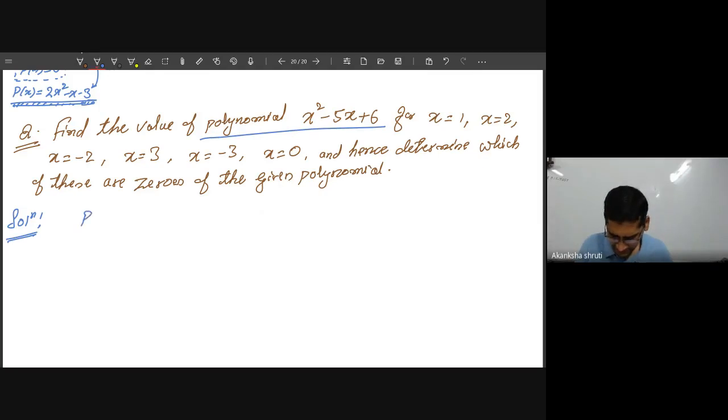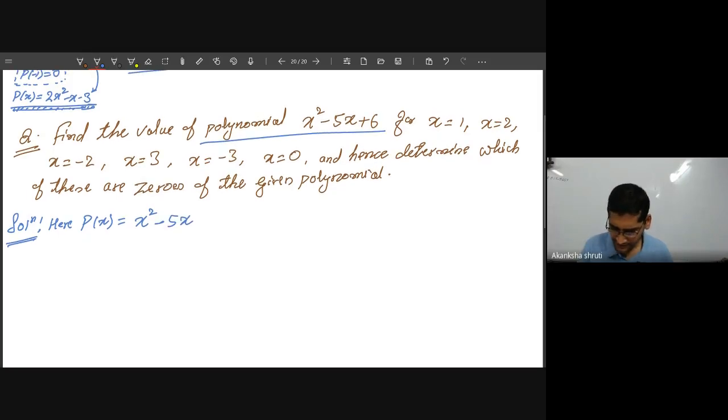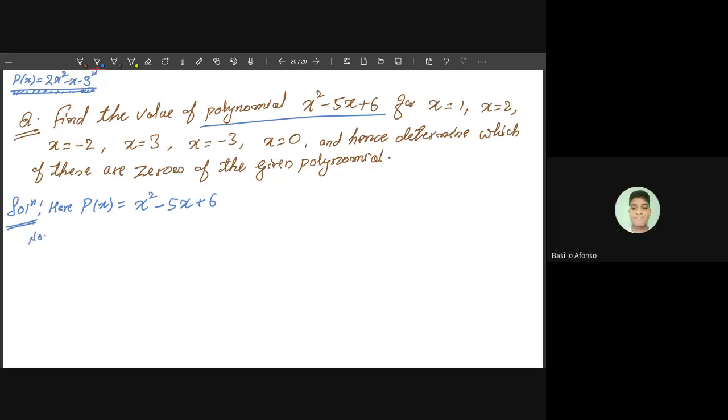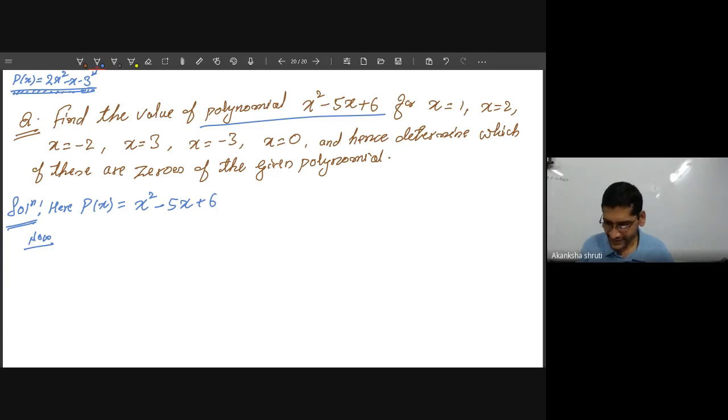The given polynomial P of x is x square minus 5x plus 6. So whatever the given values of x, for that you have to calculate the value of P of x.